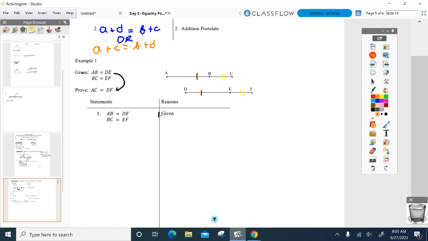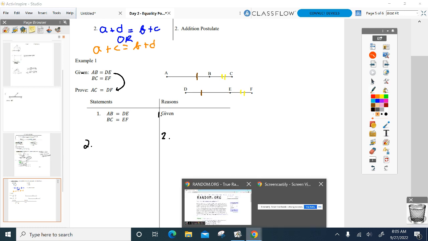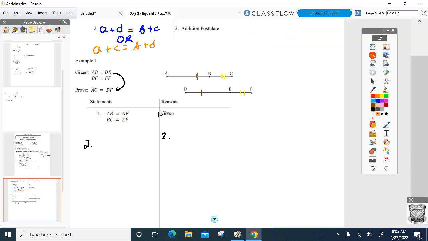So step 2 now, here's where we're going to start connecting this stuff. Step 2, you tell me what line segments we're adding together. What line segments do I need to add together to get to AC and DF? Give me 1 pair. AB and BC.